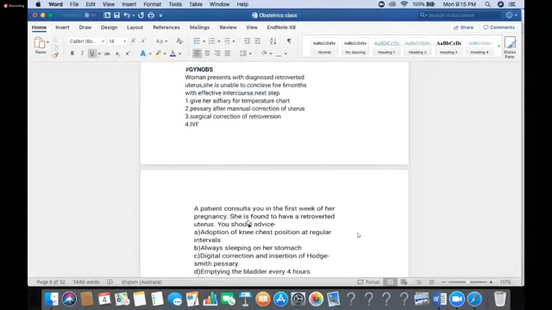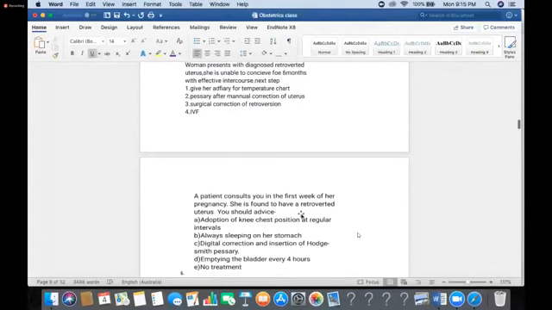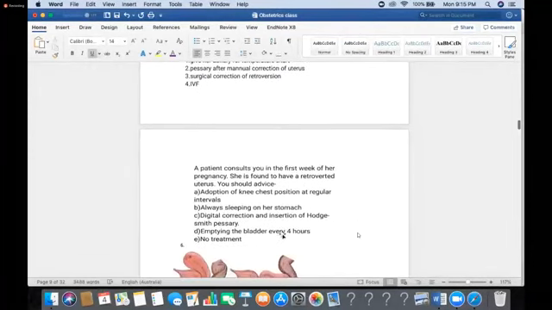So the next question is, a patient consults you in the first week of her pregnancy. She is found to have a retroverted uterus. You should advise: sleeping on chest, adoption of chest knee position, all these don't work, doctor. Digital correction and insertion of Hodge pessary, and emptying the bladder every 4 hours, this will not work, no treatment.